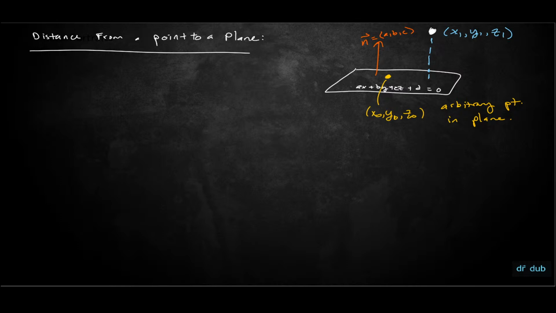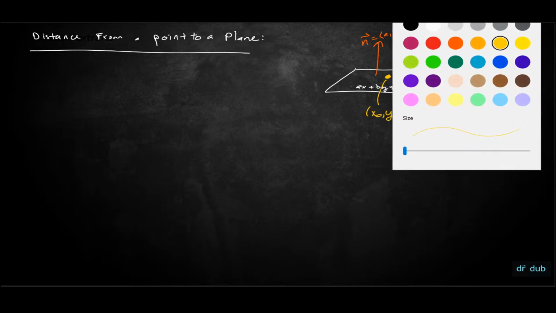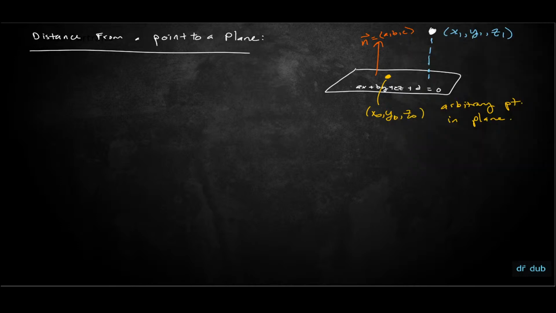And now we are going to create a vector that goes from x0, y0, z0 up to the point that's not in the plane. We'll call that vector P0P1.